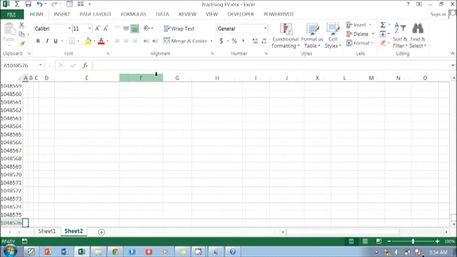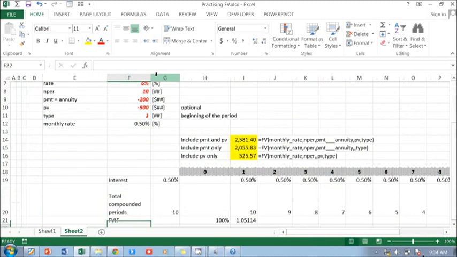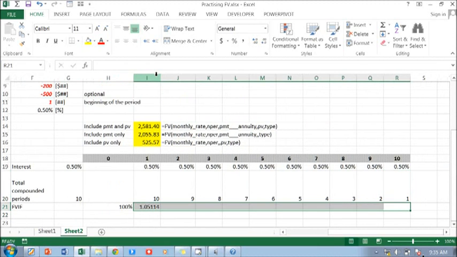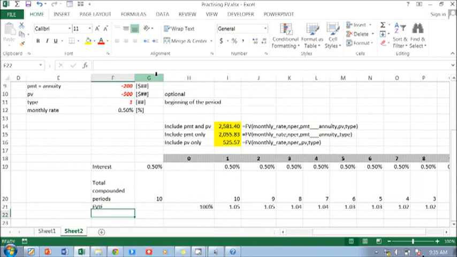Then you just copy to the right. Alright, so that's your future value.